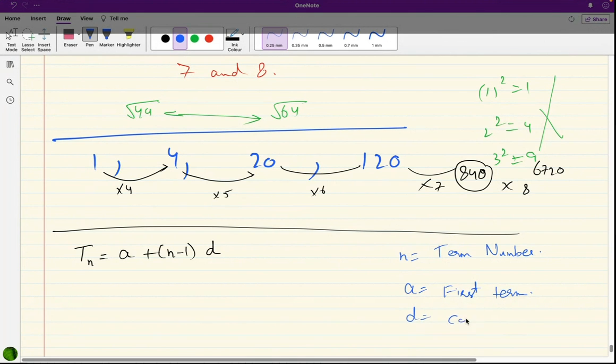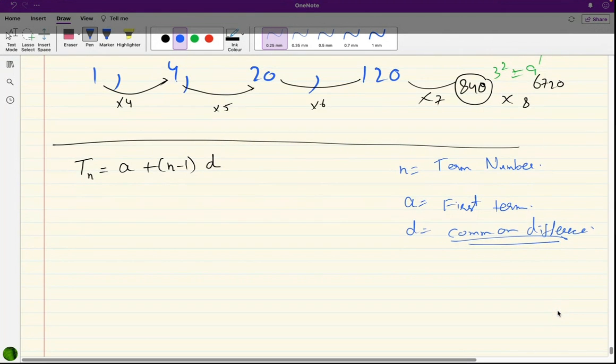D is the common difference. We also have to see if it is positive or negative.